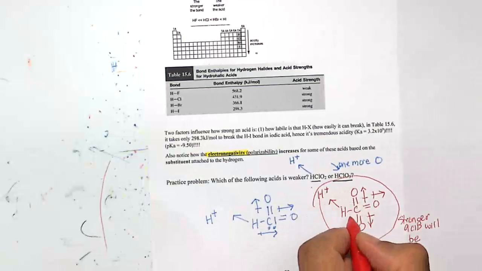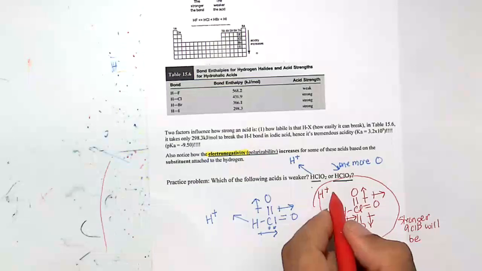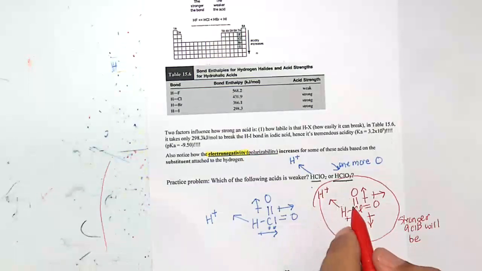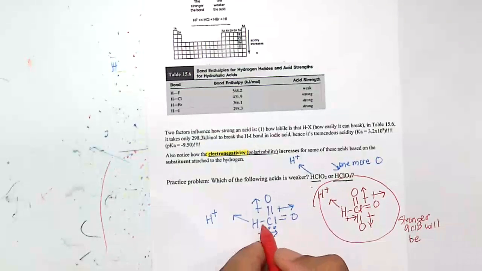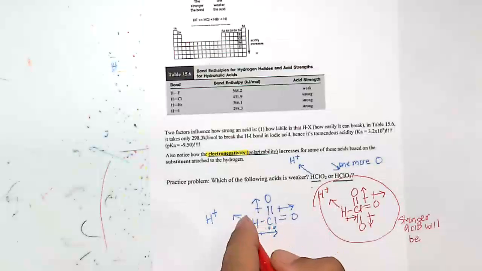So as you pull, this chlorine is also pulling. This will come off. It will be liberated. It'll get liberated easier than something that just has 2 electronegative atoms.